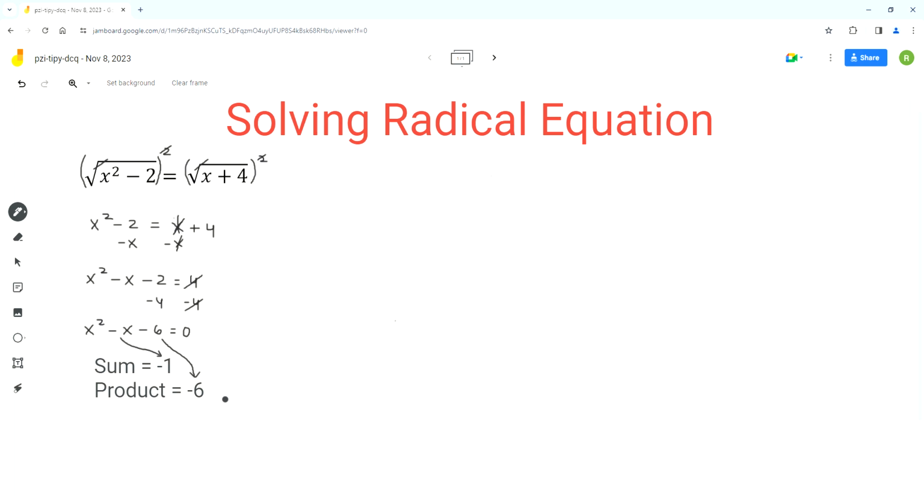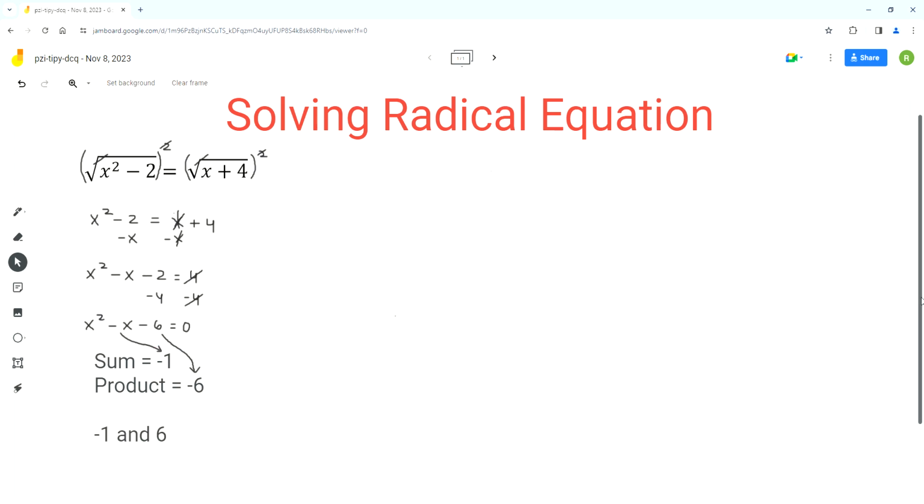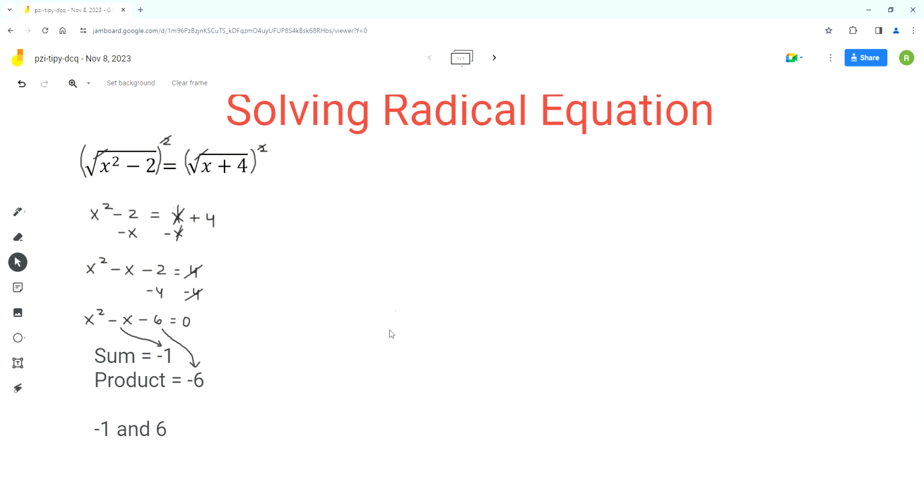So the first pair that comes to my mind is -1 and 6. Now with -1 and 6, we cannot get a sum of -1. So this pair is out. So another pair that comes to my mind is -2 and 3. Now if we add -2 and 3, we get +1, not -1. So we can switch the negative sign, 2 and -3.